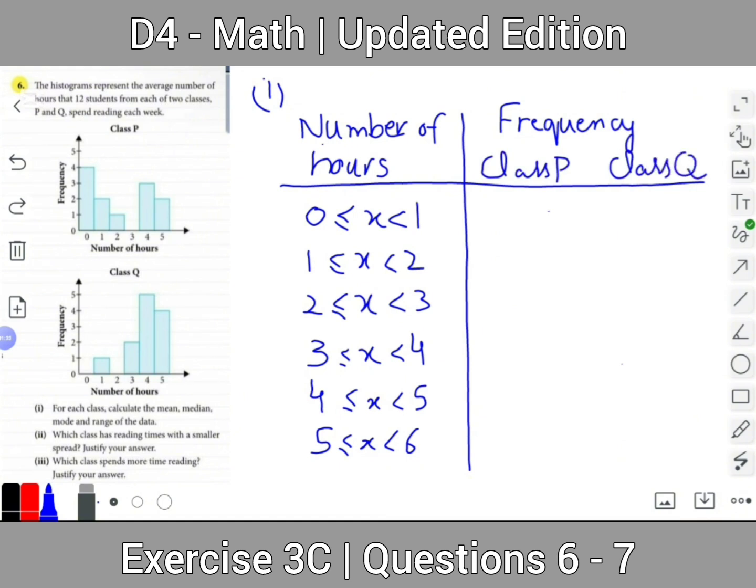First we will observe the histogram showing class P. The frequency corresponding to the class interval 0 to 1 in class P is 4, then we have 2, then 1, for 3 to 4 we have 0, for 4 to 5 we have 3, and for 5 to 6 we have 2. And the sum of frequencies for class P is 12.